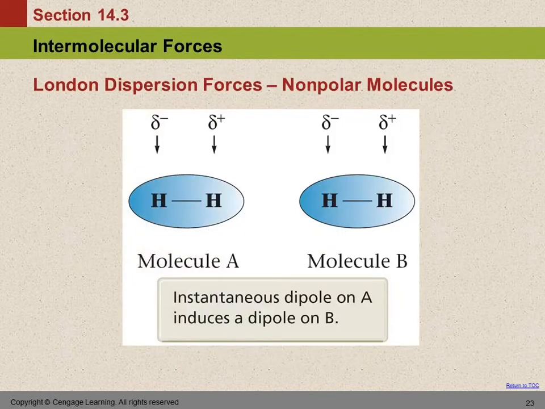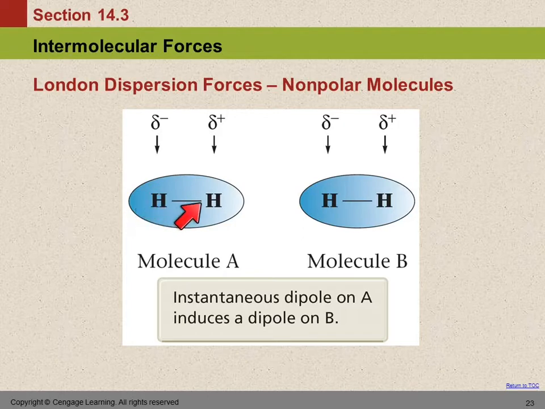And here's another picture. So here we have a hydrogen molecule. Each hydrogen has an equal attraction for the electrons, and this bond is going to be a covalent bond, and it's nonpolar. But we can have the electrons be over here.